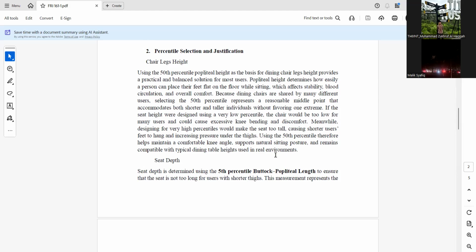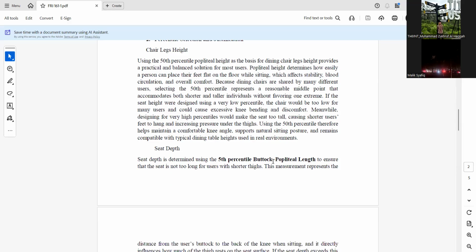If the chair is too low, it could cause discomfort such as excessive knee bending. While if we use a very high percentile, it will make shorter users' legs hang, and also increase the pressure under their thigh.